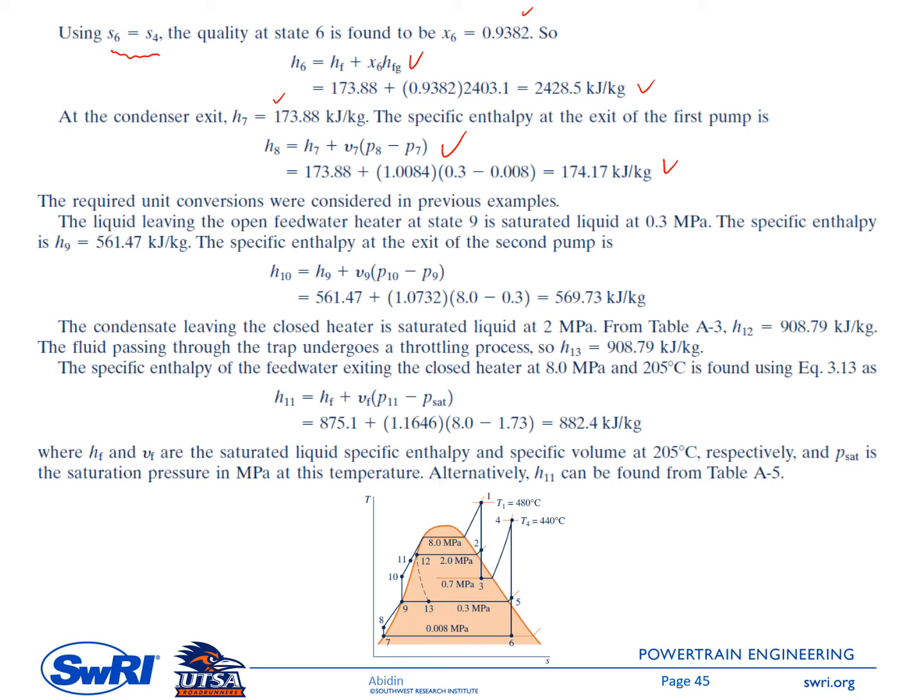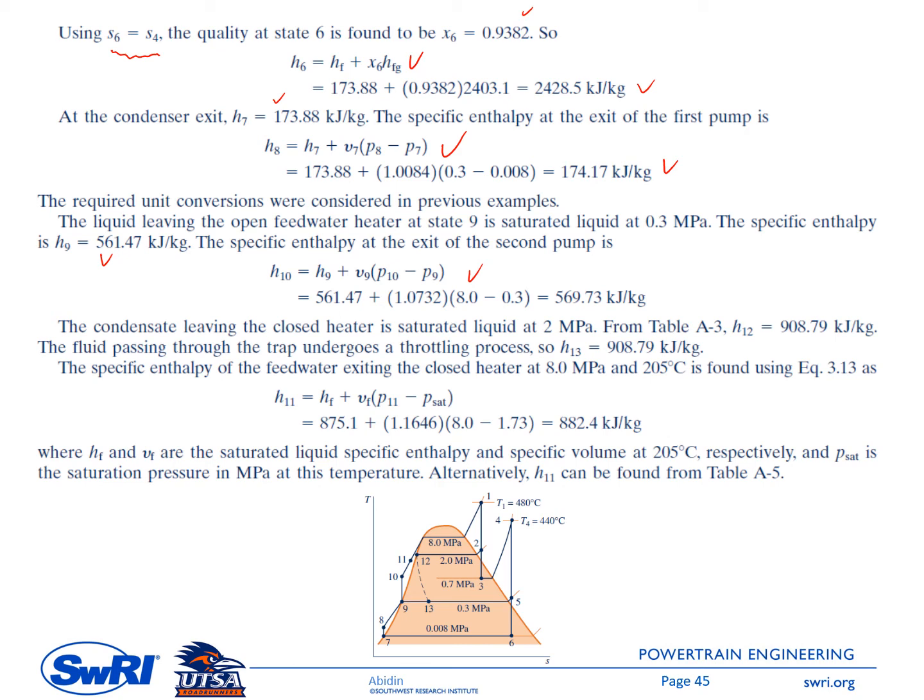So H9 is HF at 3 bar. So you will get 561.7 kilojoule per kilogram. Then to get enthalpy at state 10, you can use the same formula as the one we used to get the enthalpy at state 8.